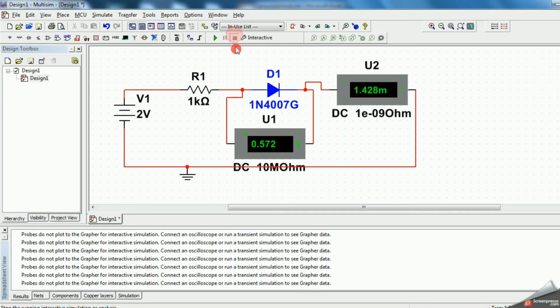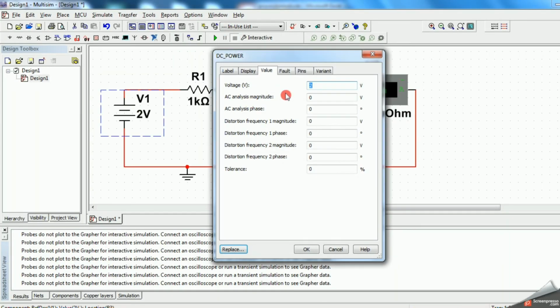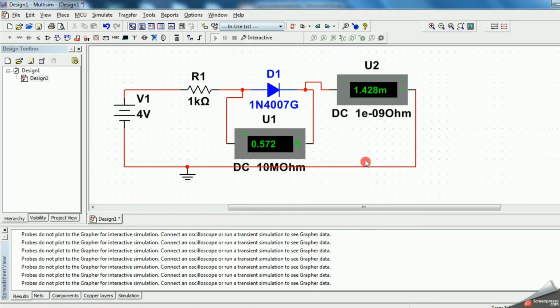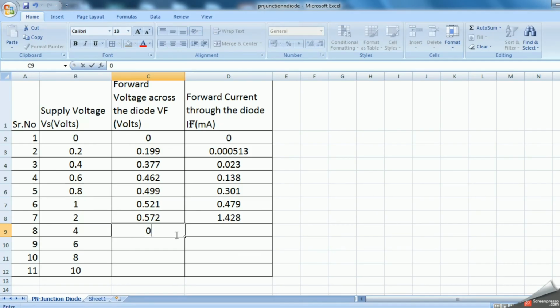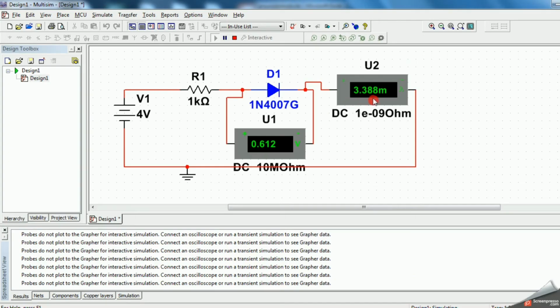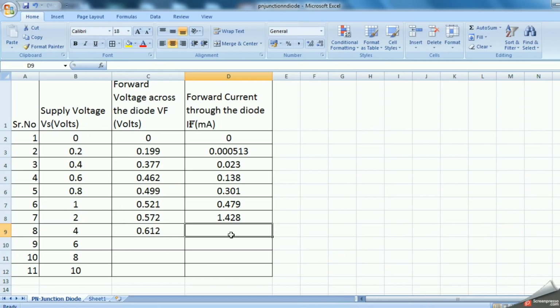Next I am making the supply voltage 4 volt. Double click, supply voltage is 4 volt. Okay, run. Voltage across the diode is 0.612 and current is 3.388 milliampere.